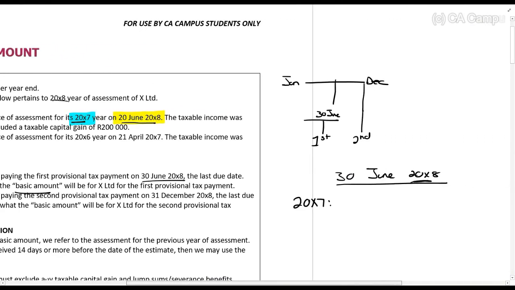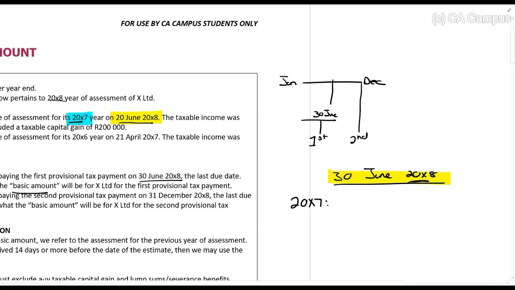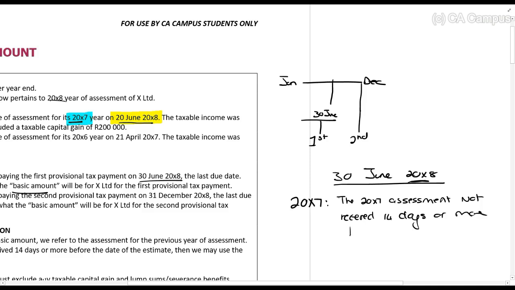Now you compare the 20th of June to the 30th of June. You say, is that 14 days or more between them? In this case, no. So I'm going to say here, the 20X7 assessment not received 14 days or more before.